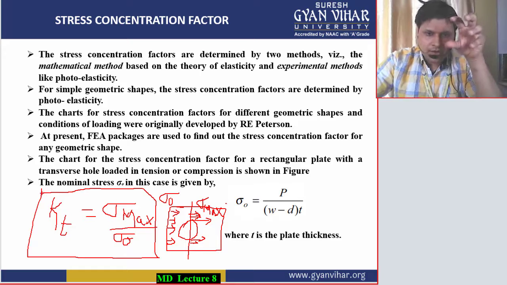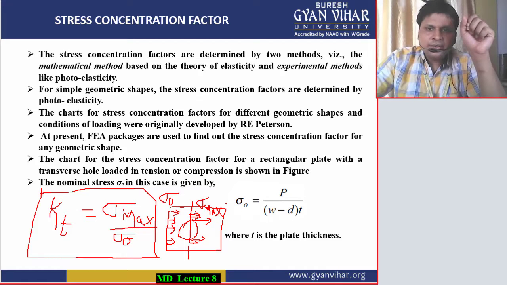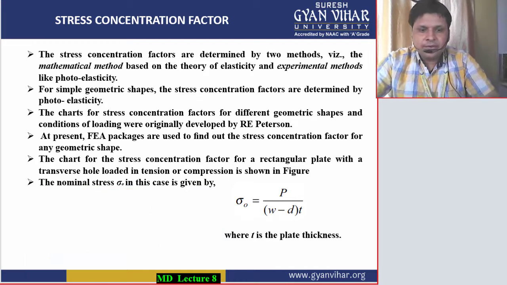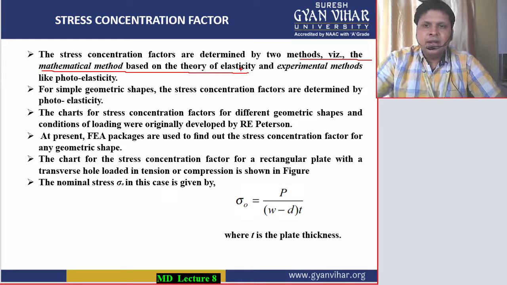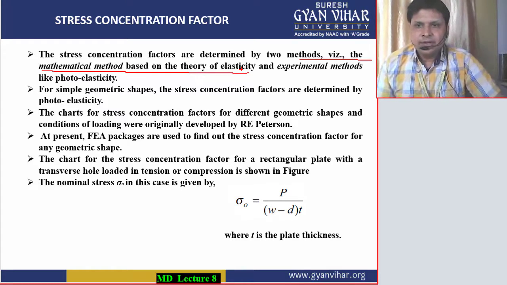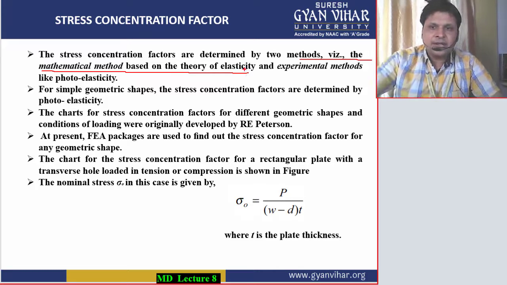Now this formula we know, but how to estimate this value of maximum stress? For that purpose, stress concentration factors are basically determined by two methods. First is the mathematical method based on the theory of elasticity, and the second is the experimental method, in which mainly the photoelastic technique is used.